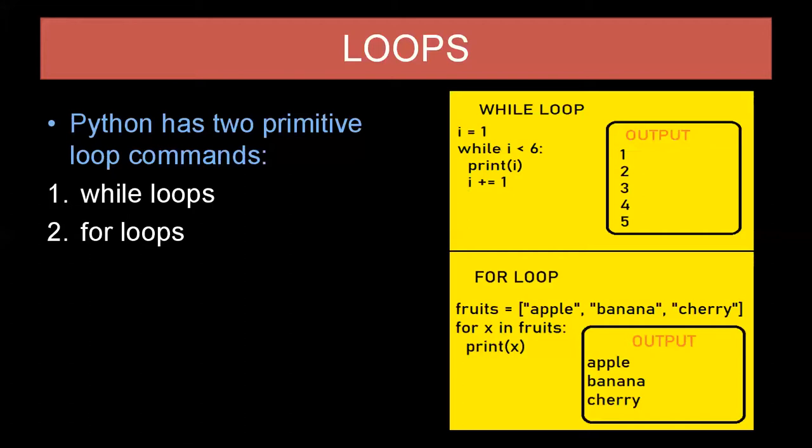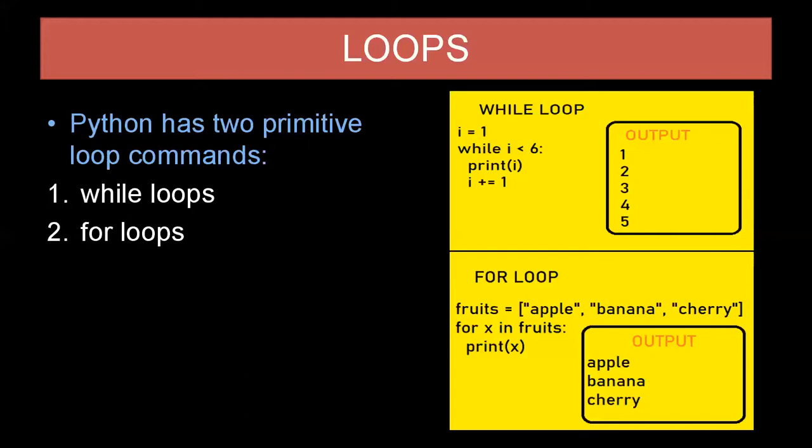The second is for loops. The example is different from the while loop. Here we have a list of three items: three strings, apple, banana, and cherry, and we are running a for loop on this list. We have x as a variable, an iterable for iterating over the list.